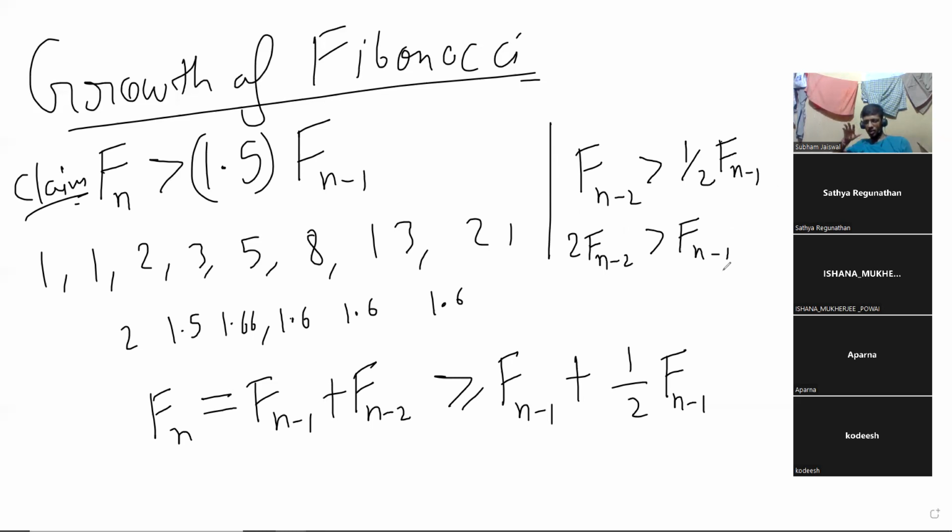It's the opposite kind of thing, a control. In order to show the growth, we need to show the control also in some sense. Otherwise, if Fn minus 2 is too small, then it won't support Fn to grow. So can you show that it doesn't double?